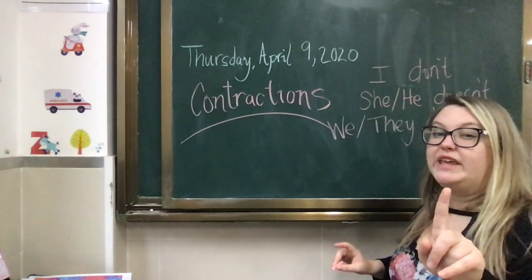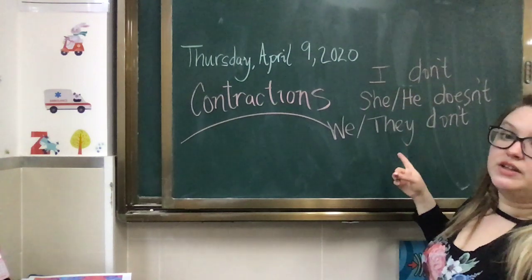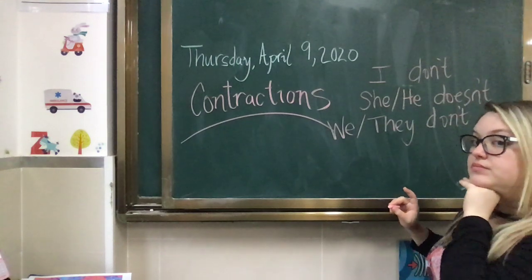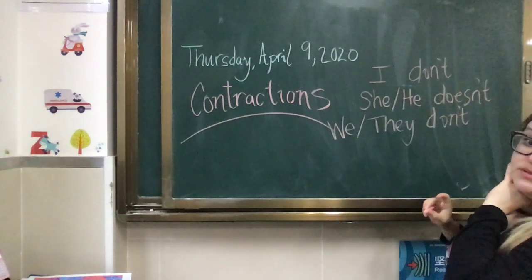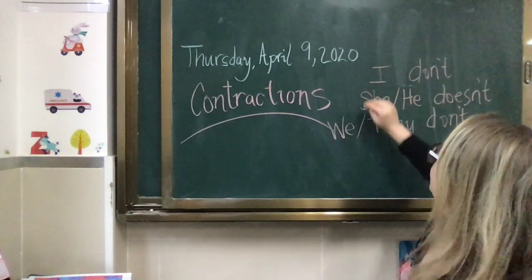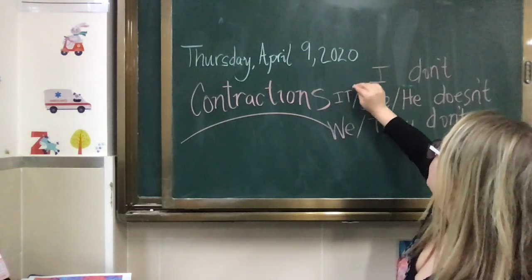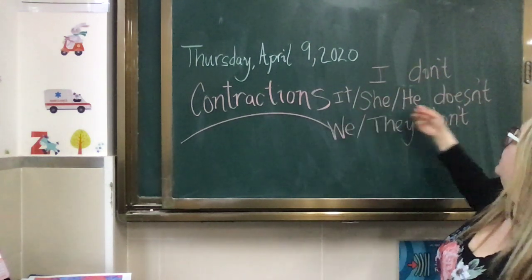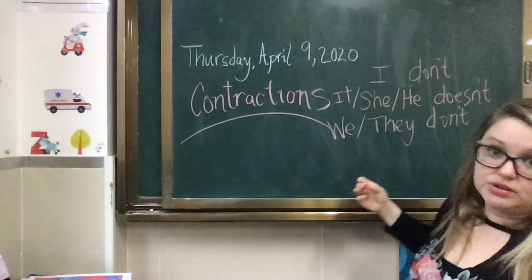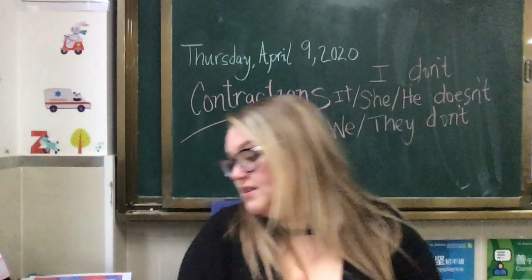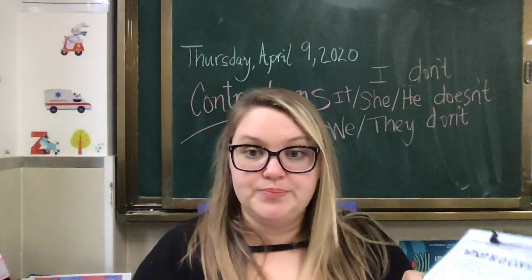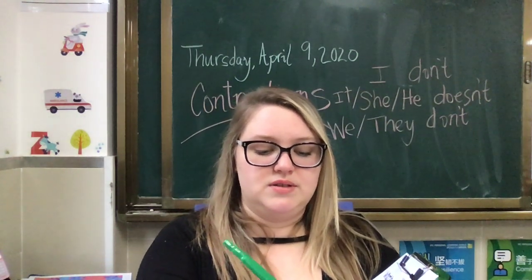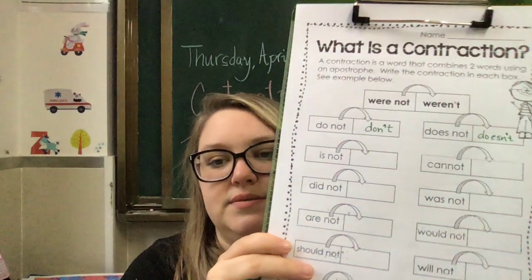Now, it, which one do you think? If the pronoun is it, do you think it's it don't or it doesn't? It doesn't. So I don't, it, she, he doesn't, we, they don't. Okay? Very important. I'm glad we got to go over that. So, as we see, with does not, it equals doesn't. Okay, doesn't.